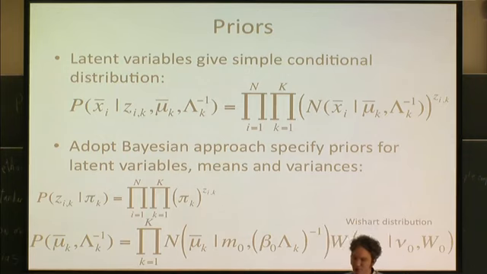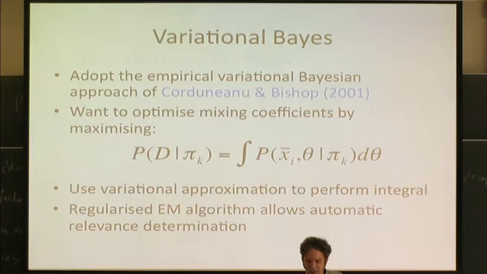Now, we didn't do a fully Bayesian model. We effectively did an empirical Bayes approach. In a fully Bayesian model, we would have done something like Nico was talking about with the Dirichlet process. We use an empirical Bayes approach because we actually keep the mixing proportions as parameters of the model and integrate out all the other parameters.